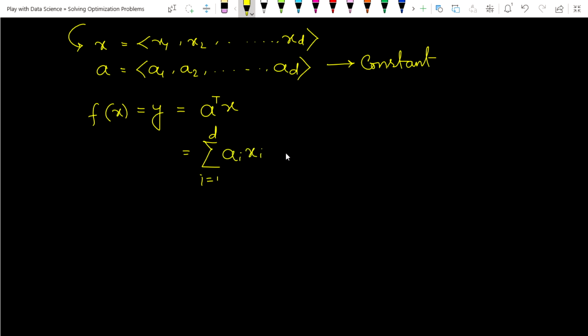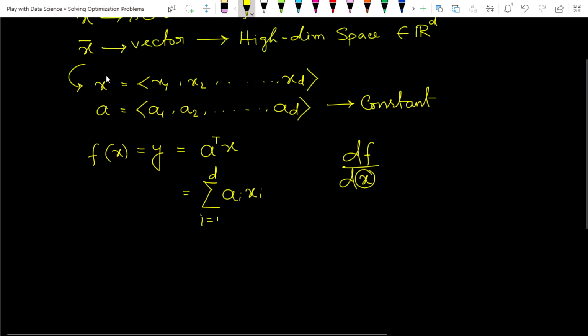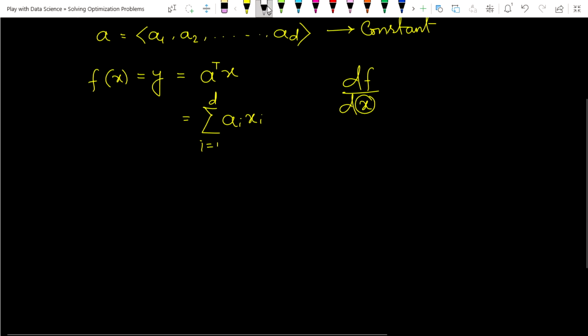Now if we denote df by dx, here x is not a scalar, don't confuse it, in this case we are using vector notation. So x is a vector, not a scalar.